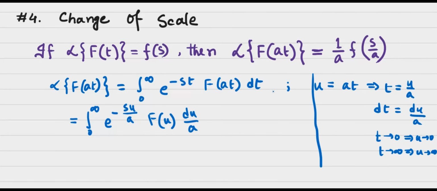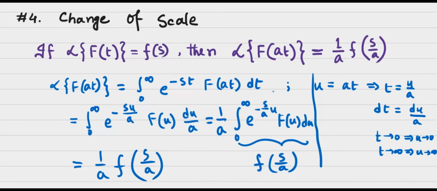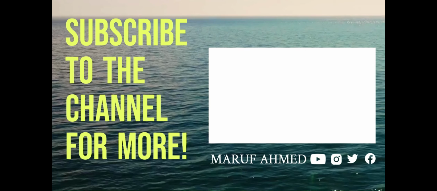So I can rewrite this, and then I get 1 over a, and then the integration from 0 to infinity e to the power negative s divided by a times u, f of u, du. Well, this thing here is simply F of s divided by a, because this factor s is accompanied by 1 over a. So altogether we have 1 over a and then F of s over a, which proves our statement of the property.